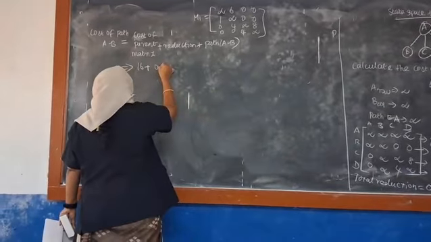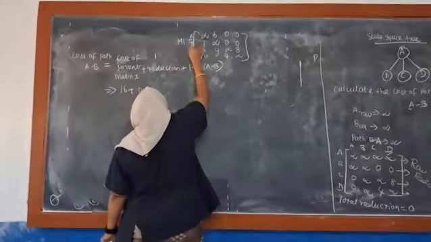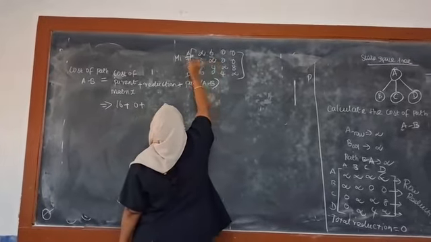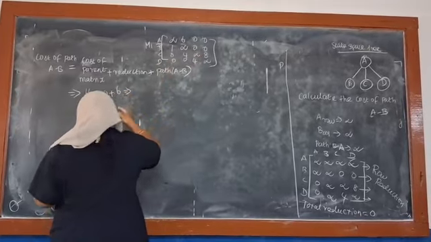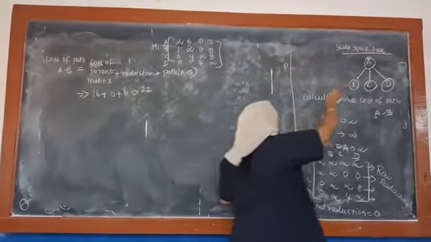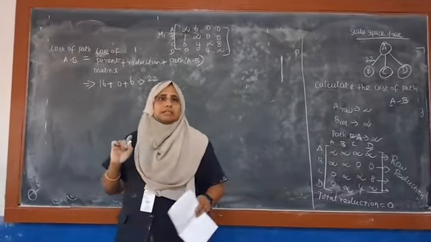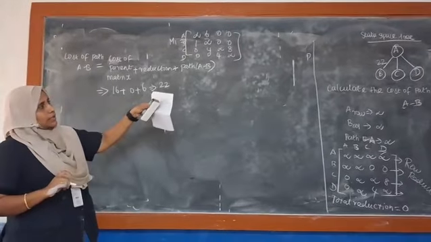And the value of path A to B. You know, A, B, C, D. So this is A and this is your B. What is the value from A to B? 6. So 16 plus 6, what is the value now? 22. So the cost of A to B is 22. Am I clear? This is how you calculate the cost of each and every path. So I have found the cost of A to B.